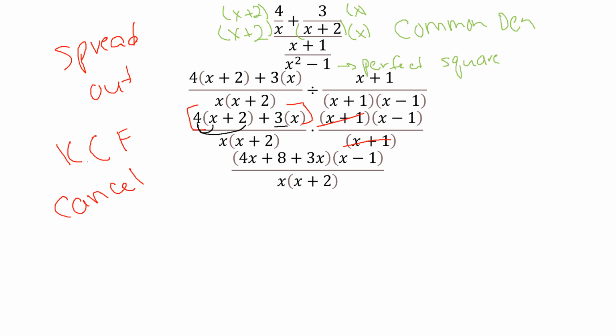And then on the bottom, I really should have gone ahead and distributed this, but I do that in my next step, because after you cancel is when you multiply, okay? Let me actually put those back in. Now I can simplify. Remember, order of operations, we start inside of our parentheses. So if I can simplify inside, I need to do that first. So 4x plus 3x is 7x.